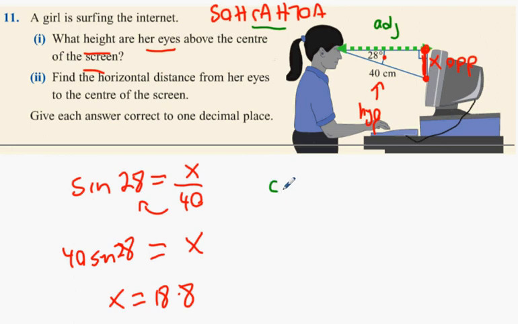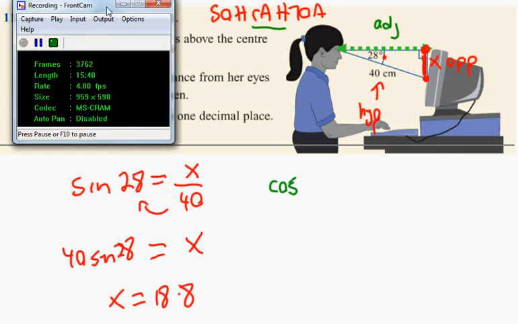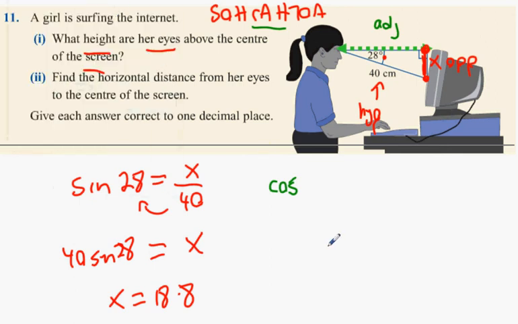So cos what? Okay guys, so cos what, Noah? Cos 28. It's always the angle.